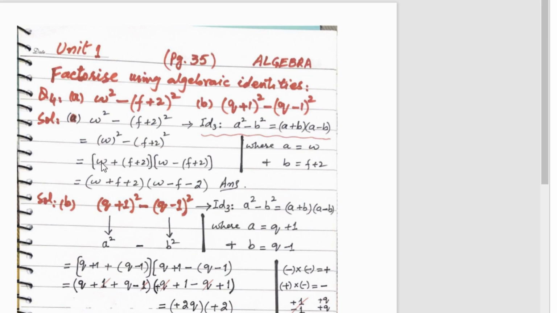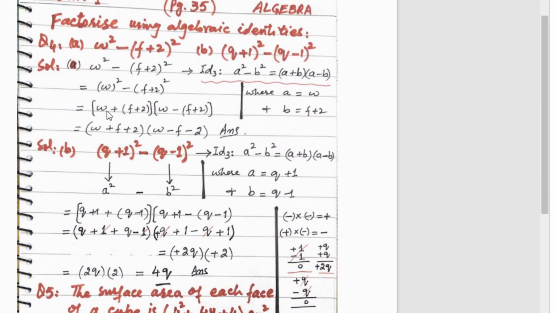Now here a is w and b is f plus 2. When the second factor is long and there is a minus sign outside, you will keep the second factor inside the brackets. Here with the plus sign, it is not necessary, but I have given it an equal shape. That is why I have written the bracket over here. Otherwise, there is no need at all.